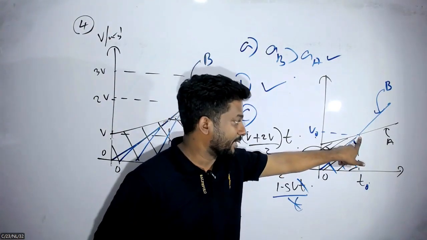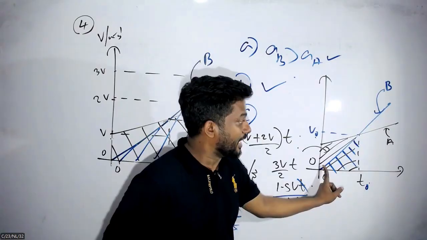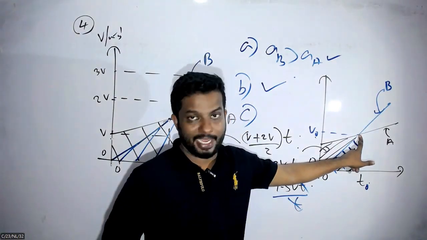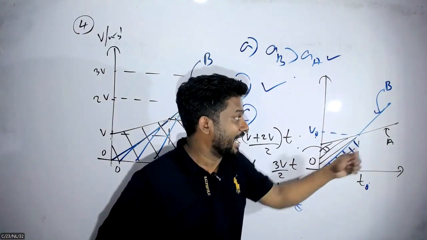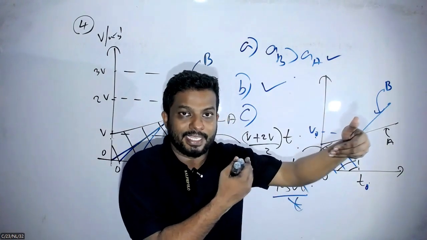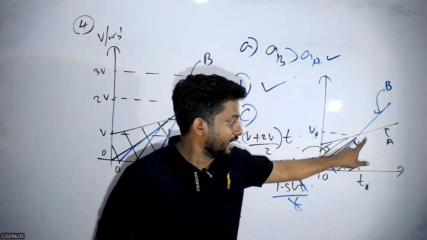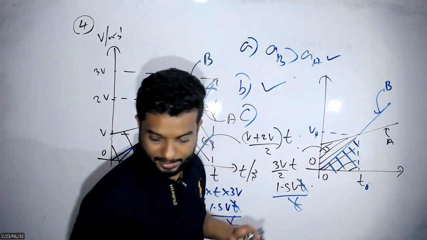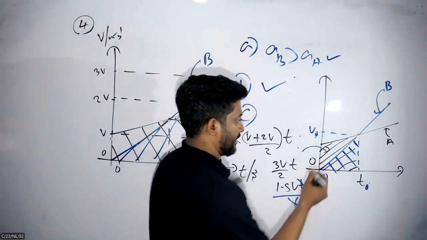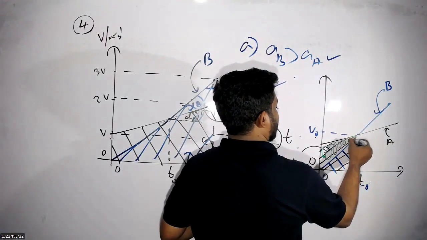Right? You should remember up to this point, velocity of capital B is less than capital A. Therefore, the gap between the two objects increases, right? At this point, you should remember that this area is equal to the maximum gap.